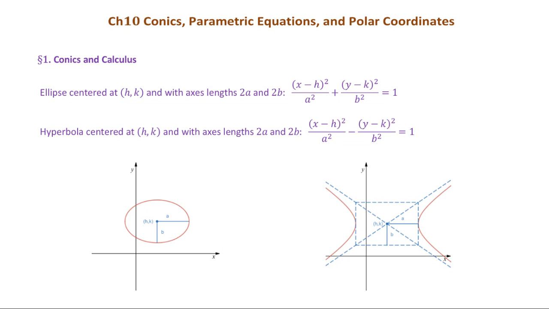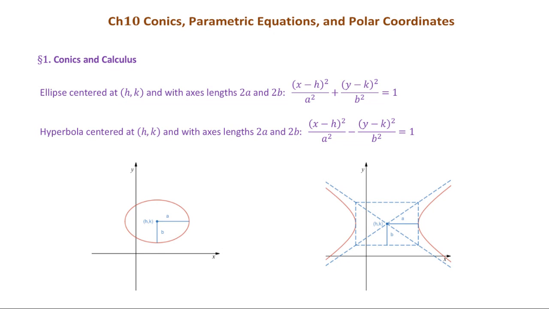It has two branches. So again, it has a center with xy coordinates h, k, and it also has two axes, 2a and 2b, and they have the geometric interpretation as drawn in the graph. So you just draw the asymptotic lines for the two curves.